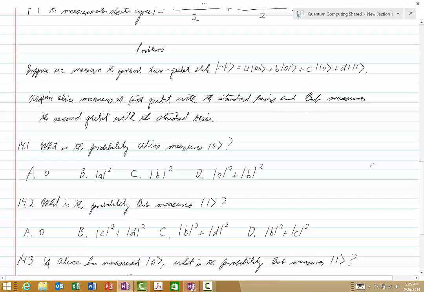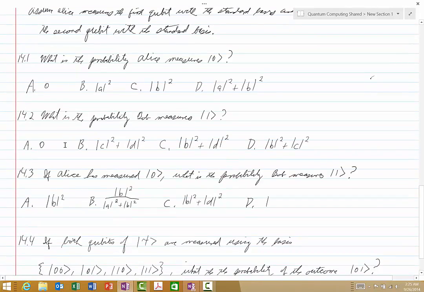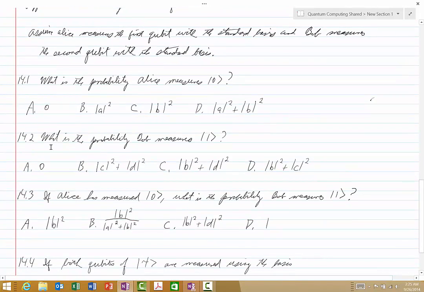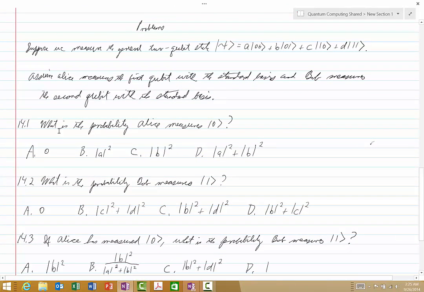For the first 3 questions, 14.1, 14.2, and 14.3, we assume that Alice measures the first qubit with the standard basis and Bob measures the second qubit with the standard basis. So the first question, 14.1, is what is the probability that Alice measures 0? And this is regardless of what Bob is doing. We just want to know the total probability that Alice measures 0.